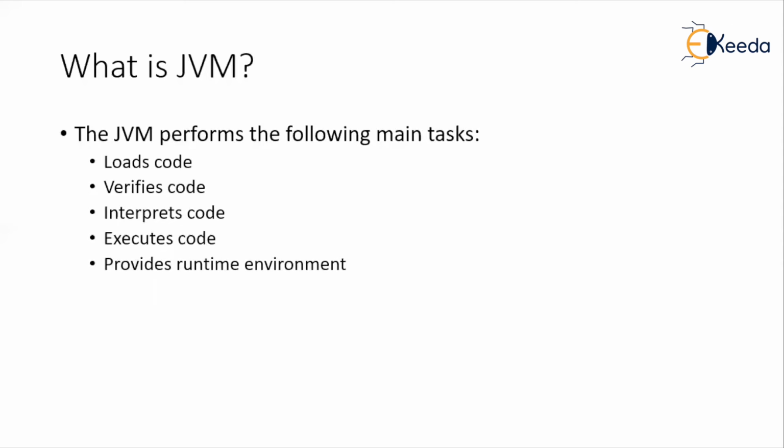This must not happen. So for any code, verification is done, and only then will that code get interpreted. That bytecode is converted into operating system specific instructions and given to the runtime environment, and execution of the application of that .class file is performed by JVM. Providing the runtime environment for this execution is the task of JVM.